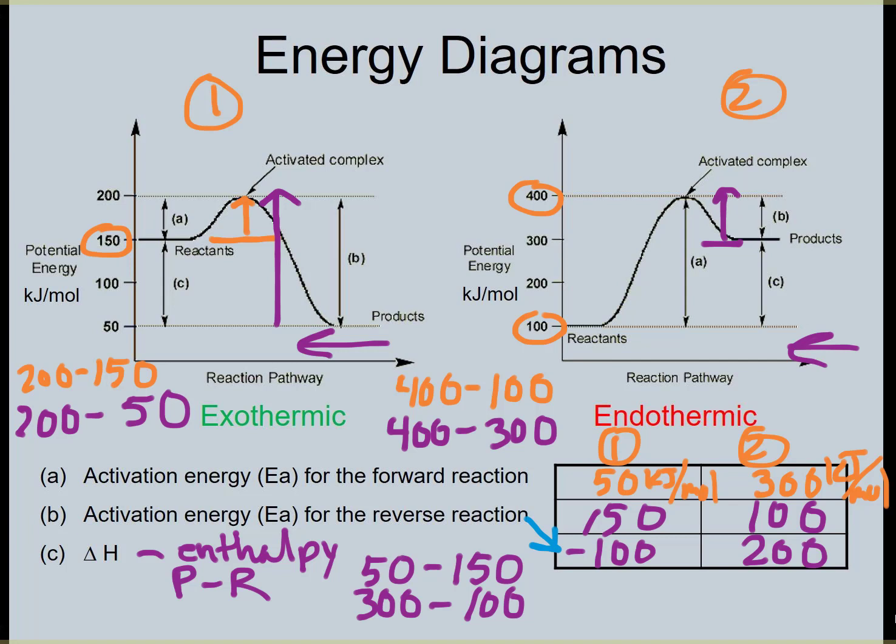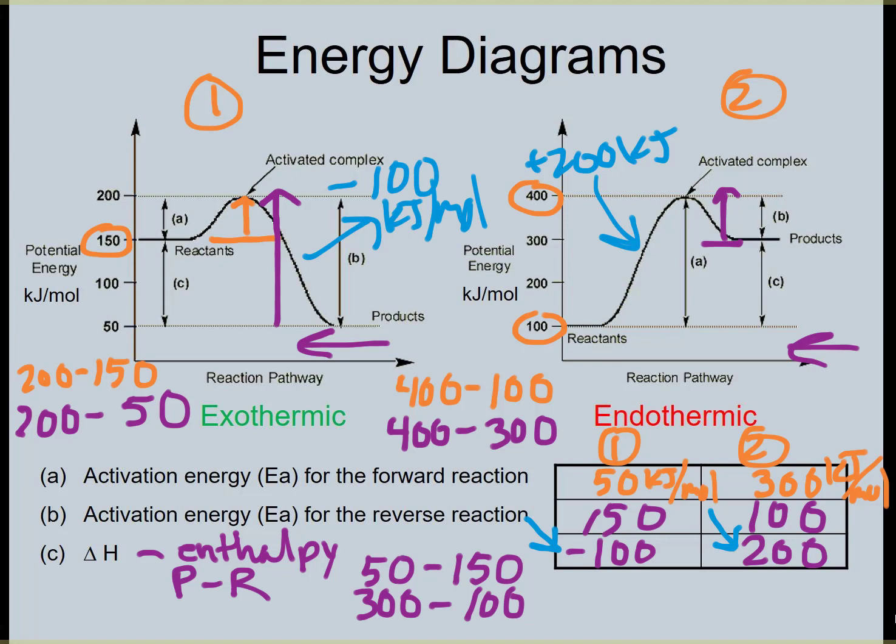That's why it's a negative. While this endothermic here, it's positive. So that means that heat is being sucked into the reaction. So I have positive 200 kilojoules coming in. And on this one, I have a minus 100 kilojoules going out. You can't have negative energy. The negative sign is just showing the direction.